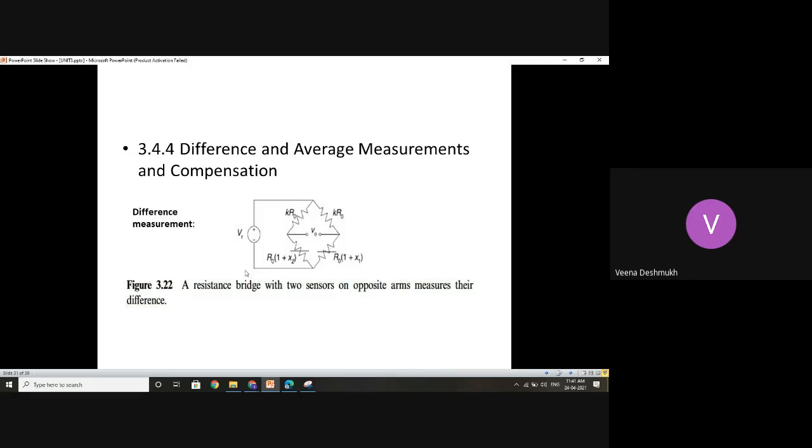So considering all these parameters, the power supply variation and the drifts have to be calibrated properly for different sensors. Hope this is making clear. Any doubts here regarding calibration?